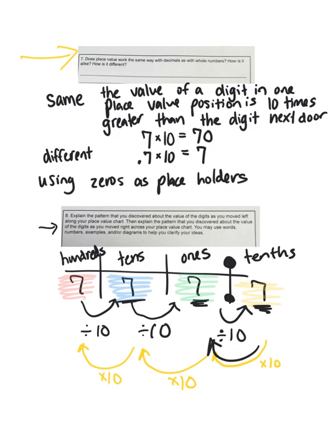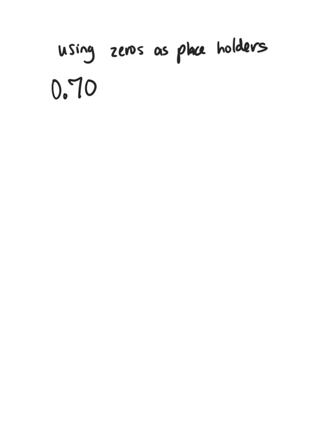Let me explain that a little bit on a fresh sheet of paper, because I think we'll be confused otherwise. When you're using a 0 as a placeholder with a decimal, like 7/10, you can add a 0 to the end of that and it does not change the value of the number.